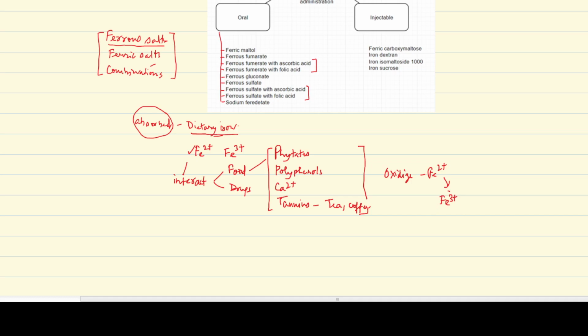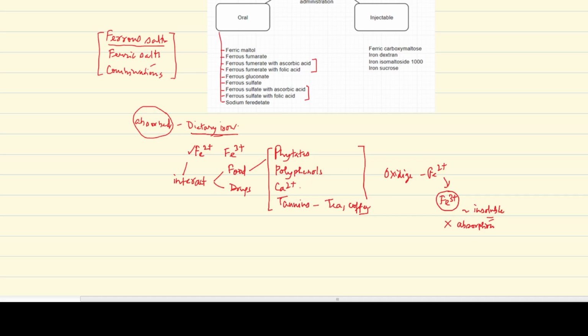And this ferric form, we've discussed, is not very soluble. It's almost insoluble. So if it's insoluble, it's not available for absorption. So that's the problem with these drugs.